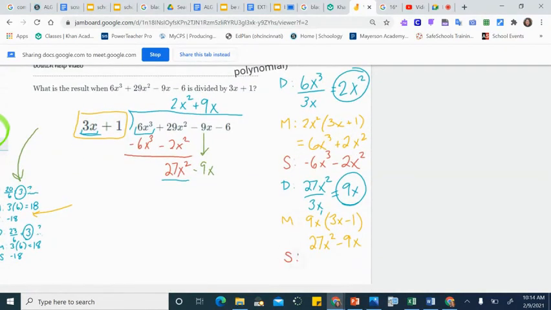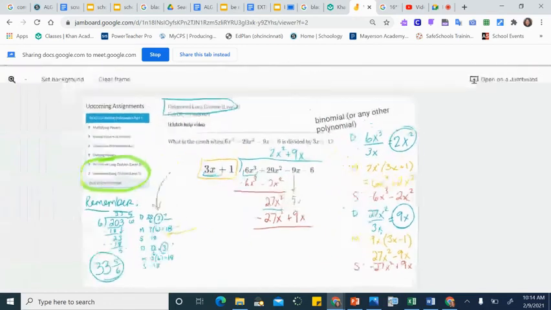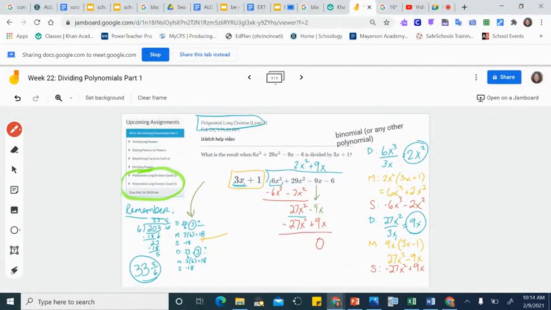Again, it's easier for most people if you remember to change the signs. So this minus 9x is going to be a plus 9x. So minus 27x squared plus 9x. 27 minus 27 is gone. Negative 9 plus 9 is gone, so it's 0. And then I have to drop it like it's hot. I could put a 0 here, but it's not that important.